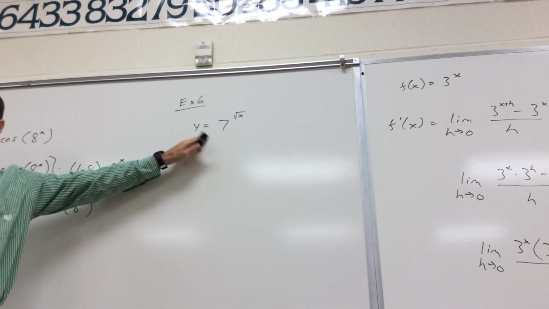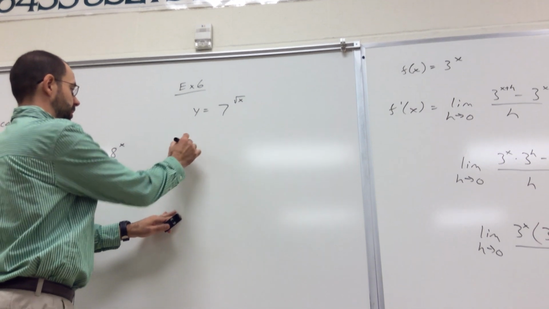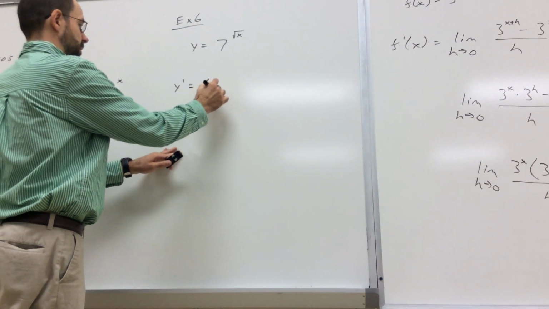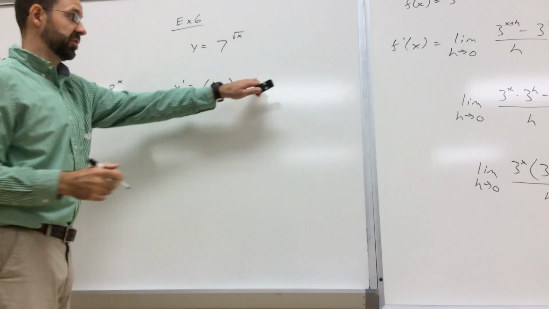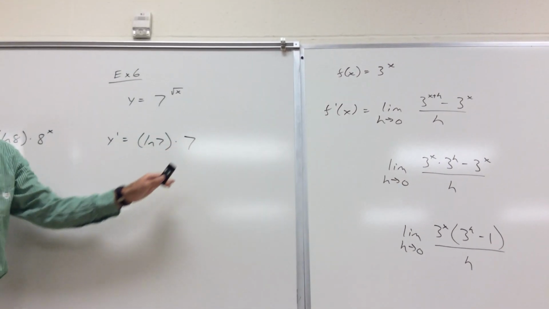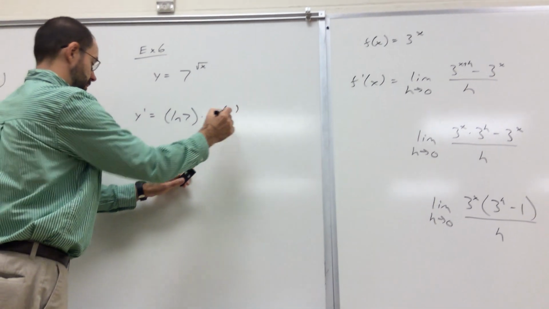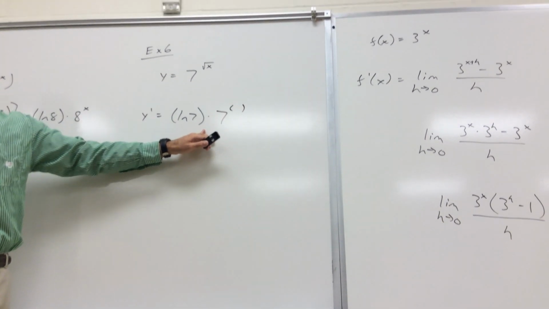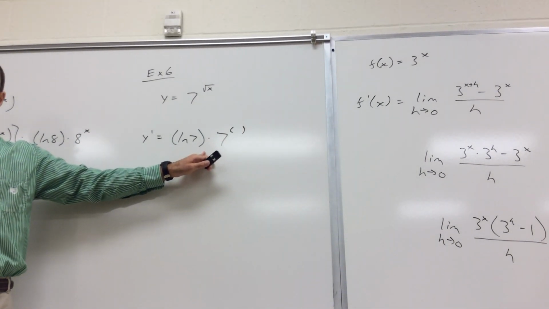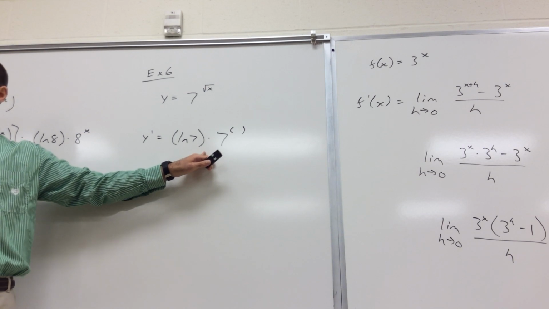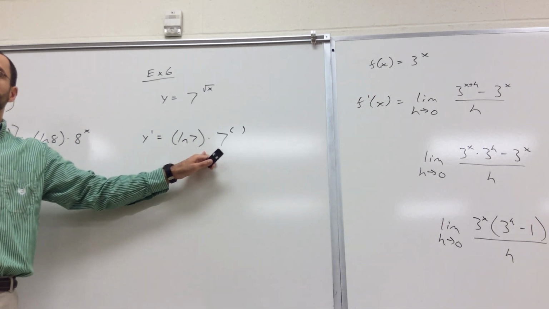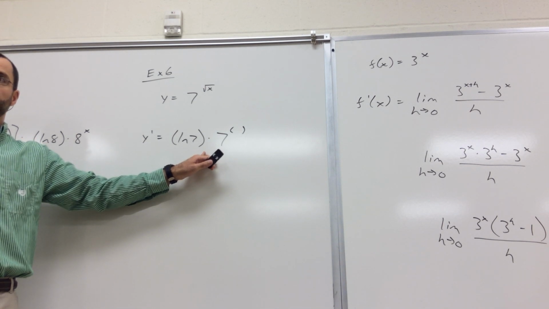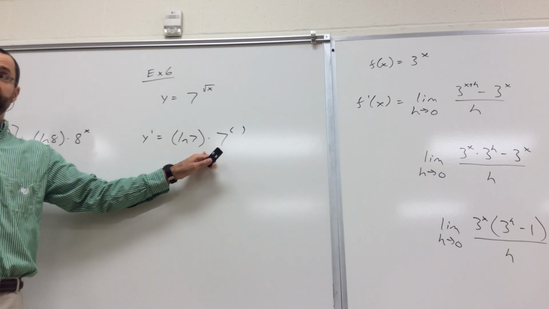Okay, so you take the derivative of the outside. And then there's a blank up here, right? That's the derivative of the outside. The outside function is 7 to the x, so the derivative is natural log 7 times 7 to the x. Then you plug the regular inside into it.